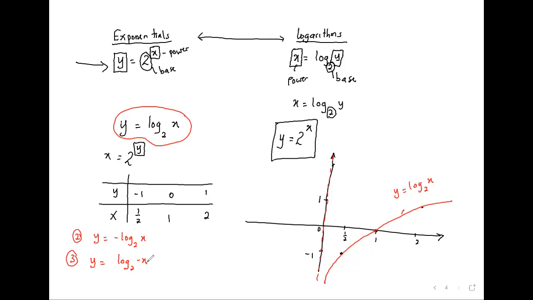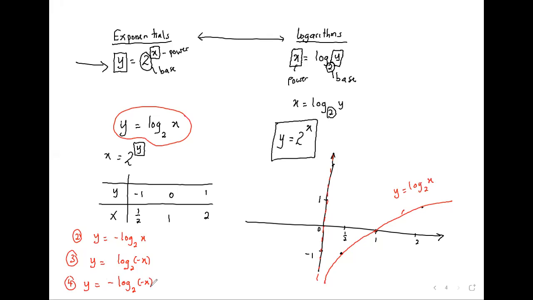What if they say sketch 2 minus log x? Yes, 2 minus log x. Well, you still sketch, but wait a minute. All the things that you'll be sketching are these. Then we'll have a minus log of 2 minus x.